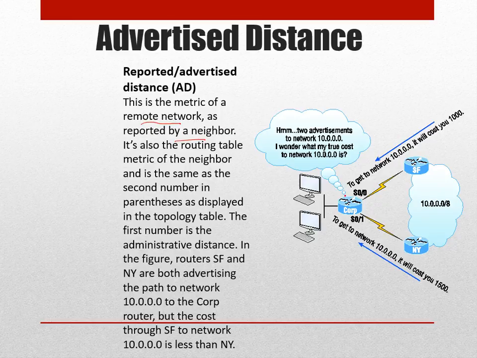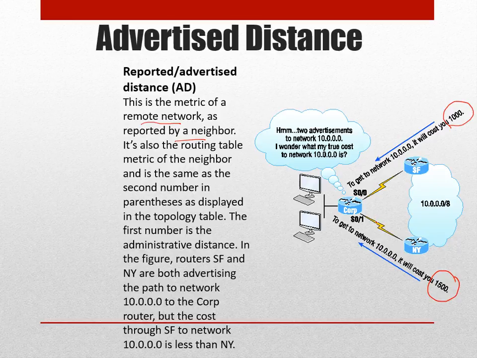So what this really is, is the total cost for the neighbor to get to this location. It says, 2 advertisements to network 10. I wonder what my true cost is to network 10, because we got both of these guys going here. This one says your cost will be 1,000, and this one says your cost will be 1,500.